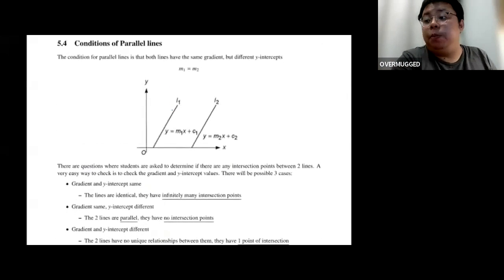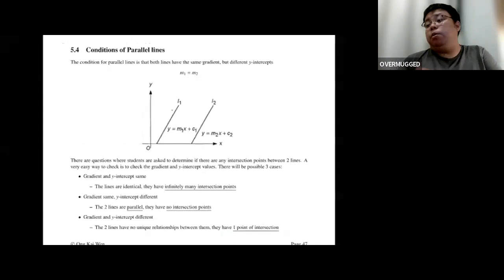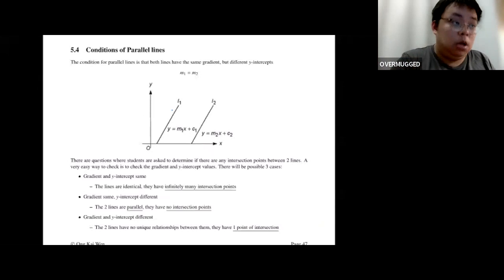Next is the conditions for parallel lines. This is a very important concept as well, as this is something that always appears in this chapter that many students never spot. When the question says that 2 lines are parallel, it means that the gradients are the same. However, you need to be a bit careful about something.